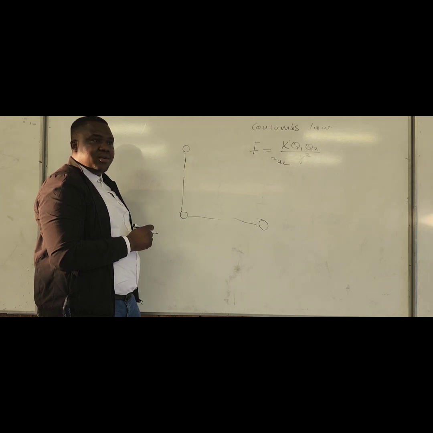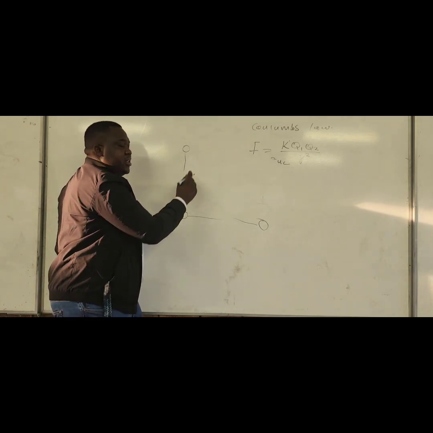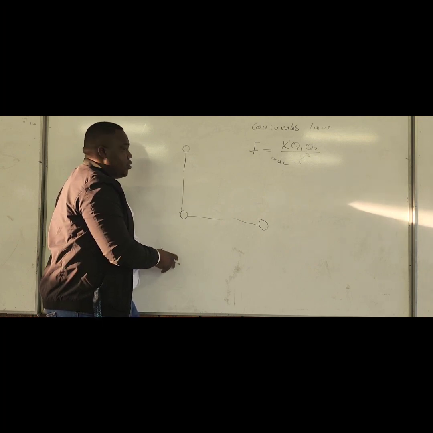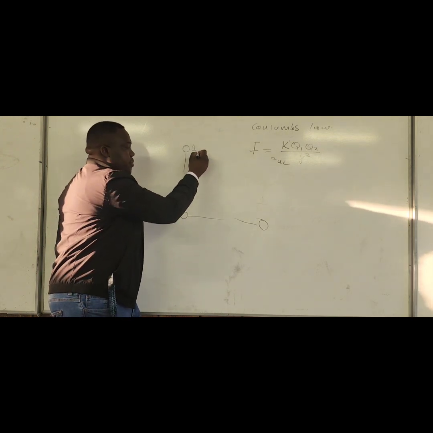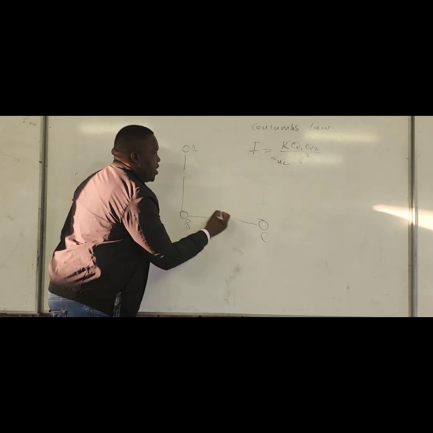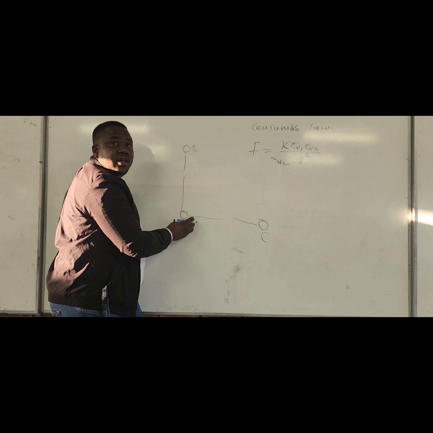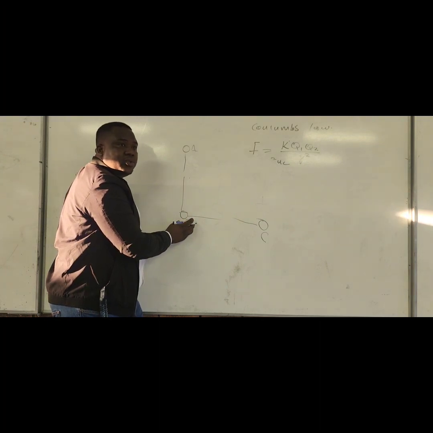You can even use Pythagoras theorem. They say calculate the electrostatic force. Then you calculate the electrostatic force between this one, between A and B. Then you calculate the one between C and A. If you want to get the resultant electrostatic force, what do you do? You use Pythagoras theorem, isn't it?